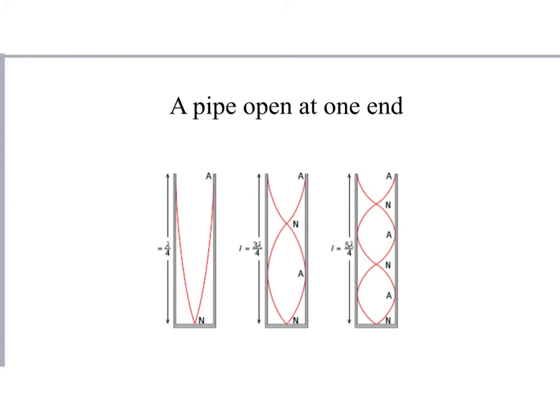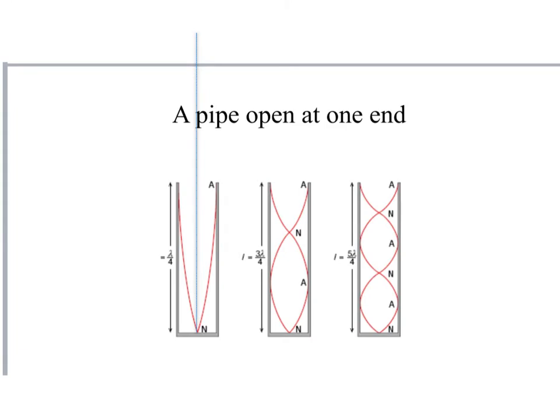If we look at the relationship between length and wavelength for these pipes that are open on one end, we'll see a similar pattern, but one that's a little bit different. So looking at the first one here, our first harmonic, what we'll see is that it only goes a quarter of the way towards completing a wavelength within that pipe.